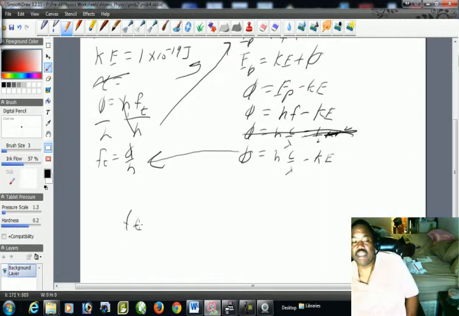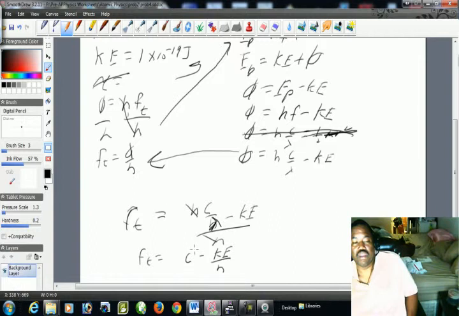So the threshold frequency f_T turns out to be hc over lambda minus KE, all over h. The h cancels, which means this simply turns out to be c over lambda minus KE over h.